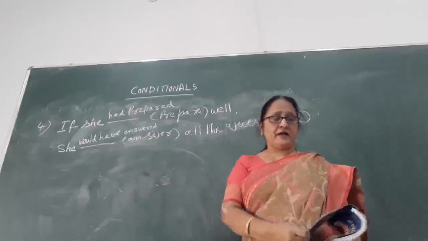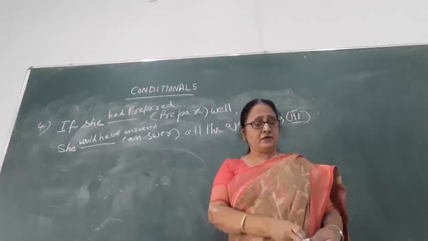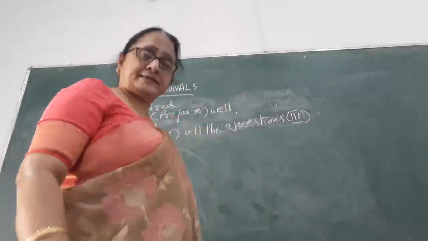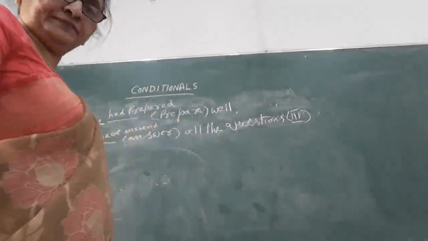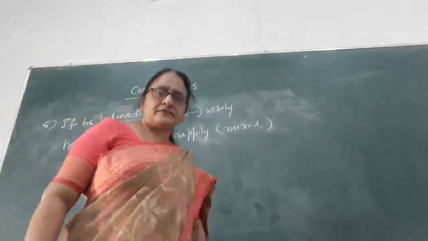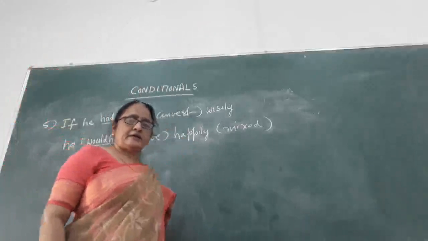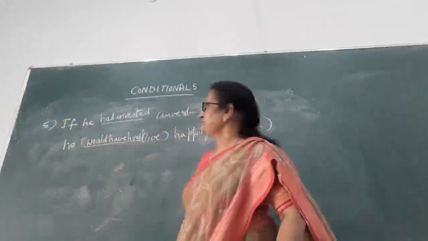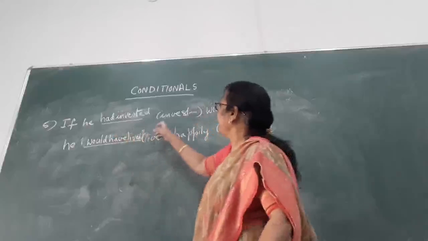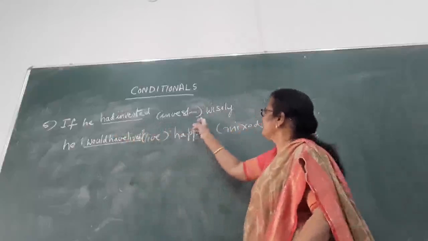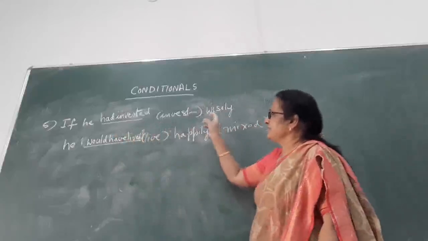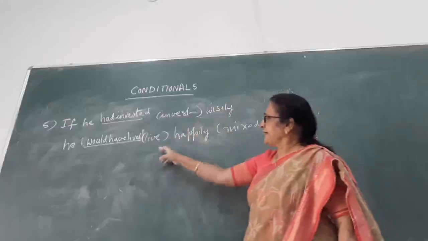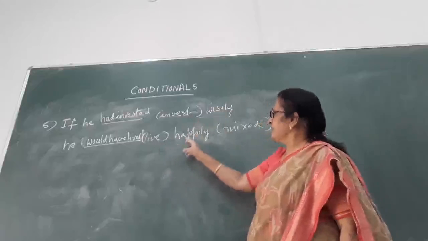Now I am going to explain the fifth bit from your exercise. Now it is the fifth bit. I have written on the board: if he dash, within brackets invest wisely, he dash, within brackets live happily.